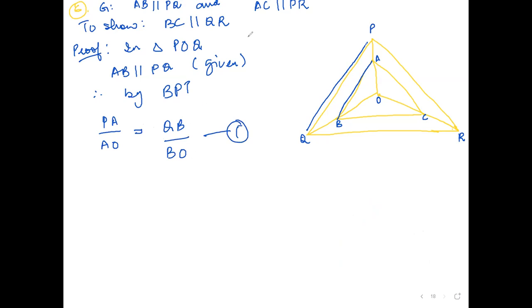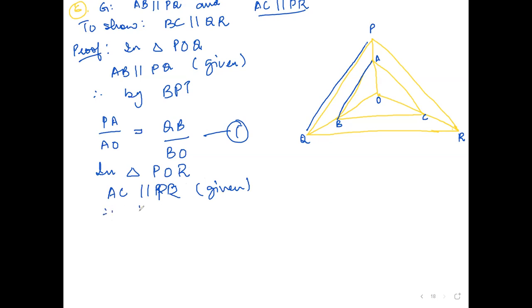Now make use of the second condition. AC parallel to PR. Which triangle should I use now? POR. In triangle POR, AC is parallel to PR, which is given.